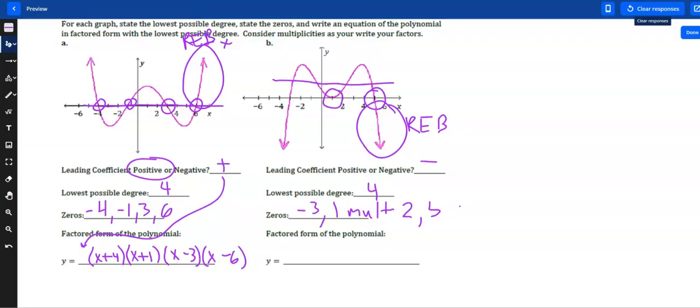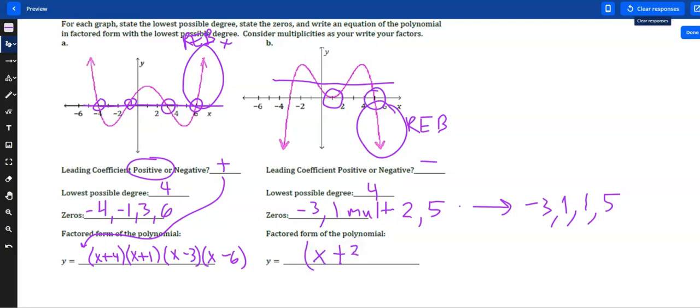Now, another way to write that, which you may see at different times, is this: negative 3, 1, comma, 1, comma, 5. So in other words, they're showing me the multiplicity of 2 for the x-intercept of 1.